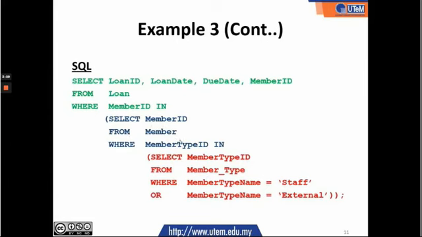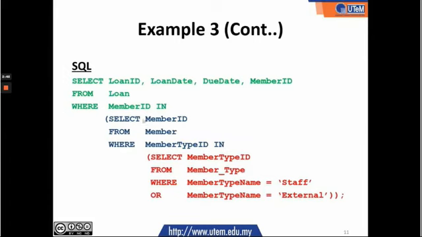This outer query for this situation will produce three values, which are 1014, 1015, and 3000. Member ID 1014 and 1015 are staff. Member ID 3000 is an external member.